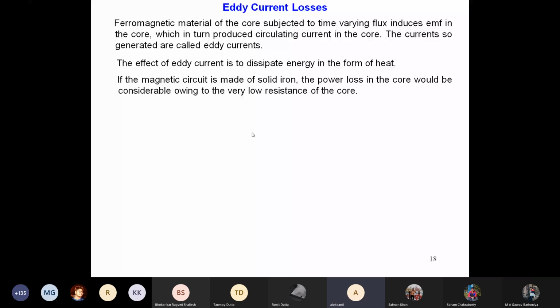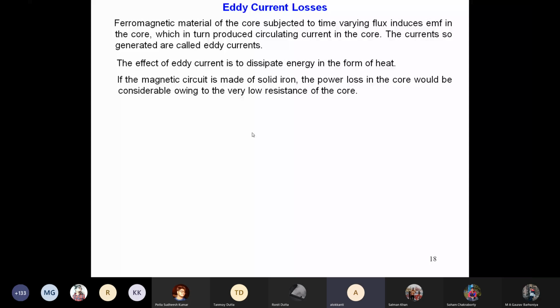But eddy current loss is another loss. Because of the alternating nature of the flux, a circulating current gets produced inside the piece of iron. And as soon as there is a current, there will be an I square R loss. Current flowing through some resistance will generate an I square R loss, and so this piece of ferromagnetic material will get heated.